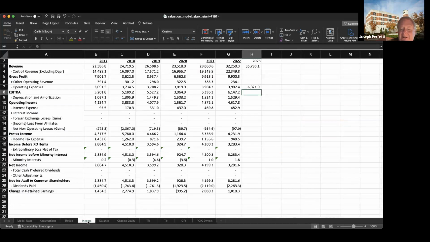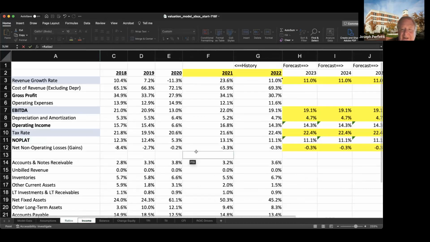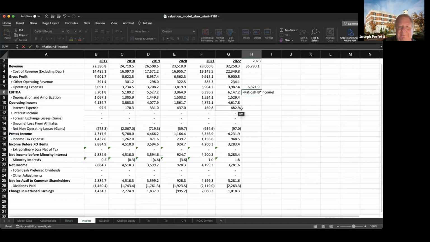Same process for depreciation. Equals the ratio, depreciation as a percentage of sales in 2023, 4.7, so H8, times from the income tab, revenue, 35,790, H3. That'll be 1697.3. That's depreciation as a percentage of sales.